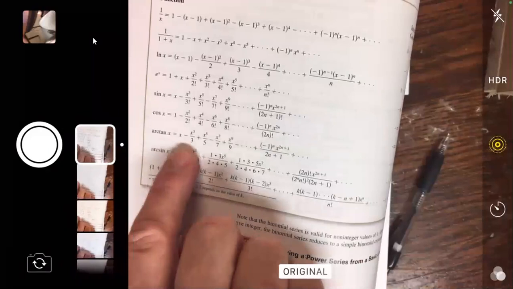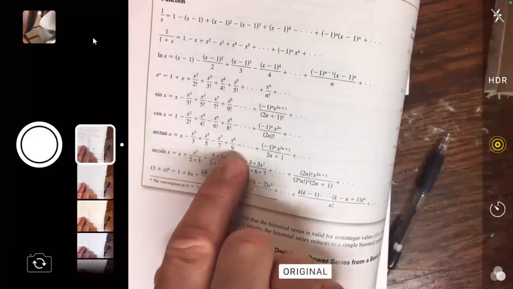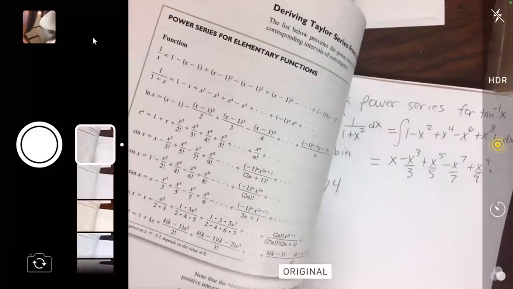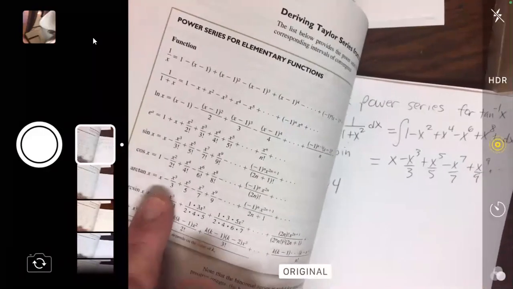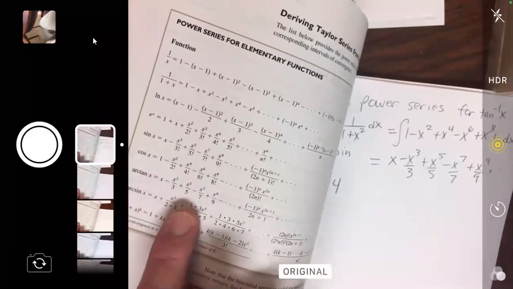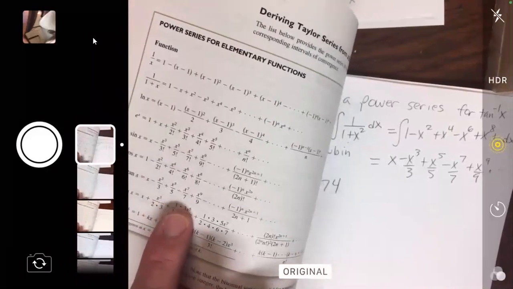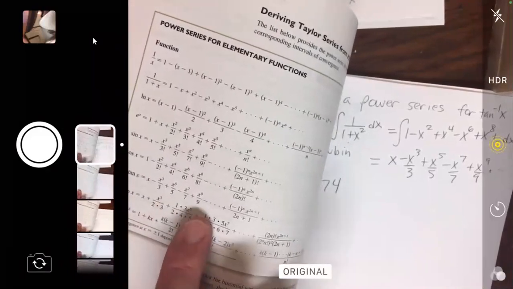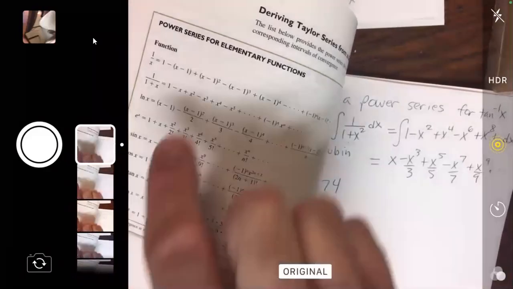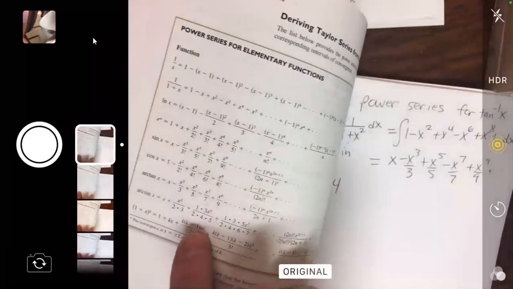And that is exactly the pieces that I just showed you. X minus x cubed over 3 plus x to the 5th over 5 minus x to the 7 over 7 plus x to the 9 over 9. They give you a whole summary of these on this page.